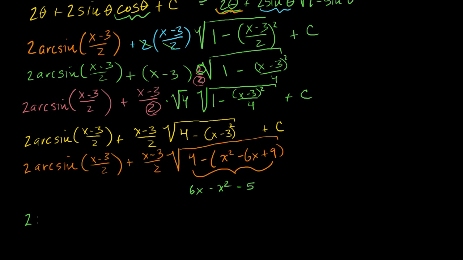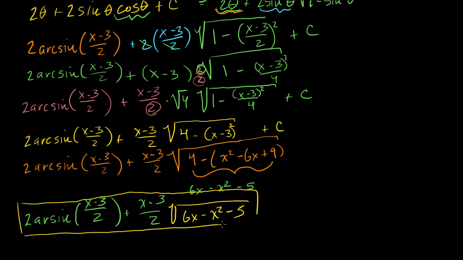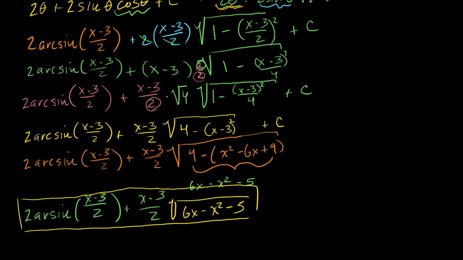We get the antiderivative is 2 arc sine of x minus 3 over 2 plus x minus 3 over 2 times the radical of 6x minus x squared minus 5. That right there is the antiderivative of what we had at the very top of my little chalkboard, which is right there. So that is equal to the antiderivative of the square root of 6x minus x squared minus 5 dx.